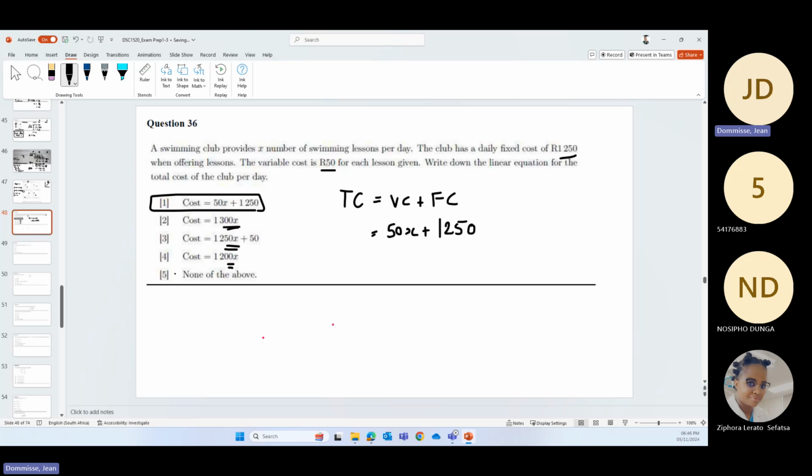Okay, so it is not a difficult question, but you need to know what total cost is and how you calculate it: it's variable cost plus the fixed cost.